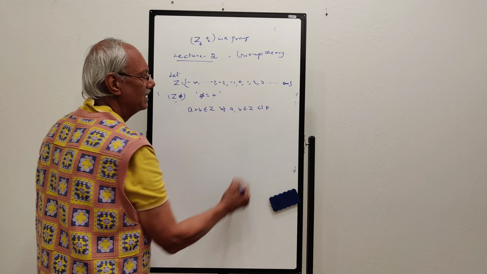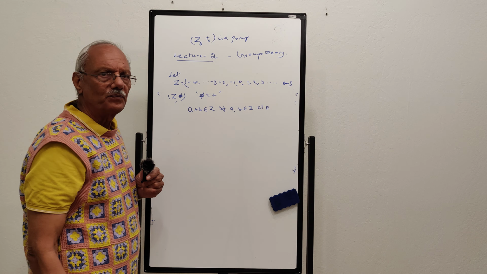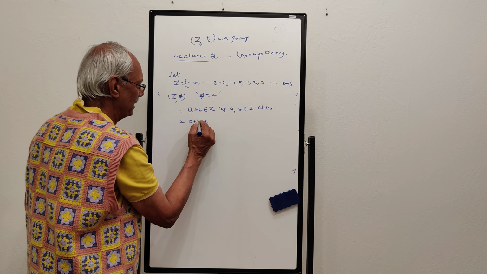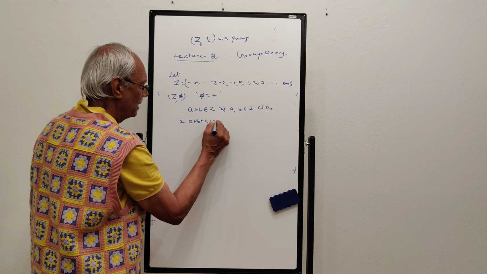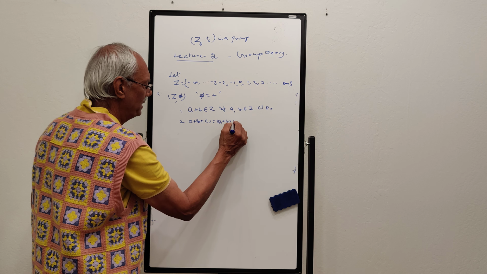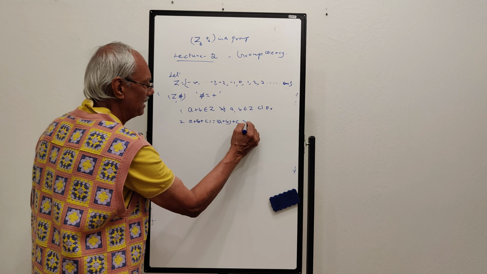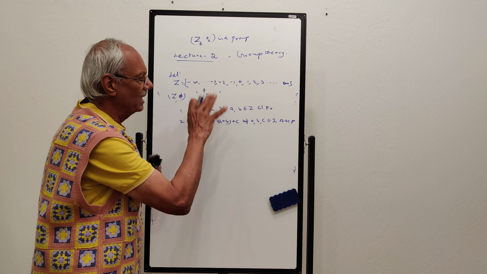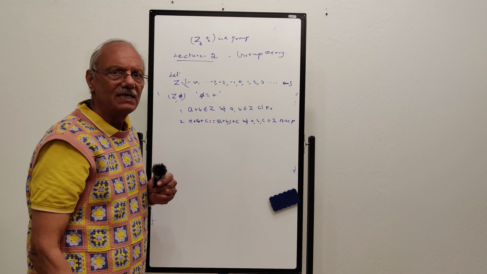This is number 1. And (a plus b) plus c is equal to a plus (b plus c) for all a, b, c belonging to Z. This is the associative property, and this shows that the associative property is satisfied.